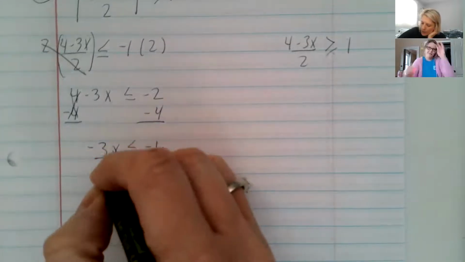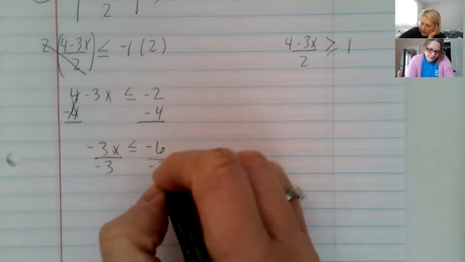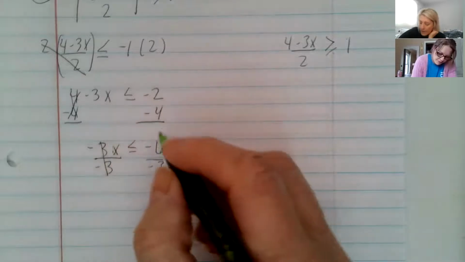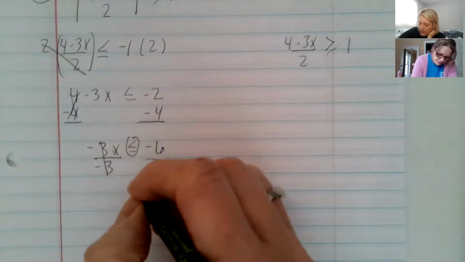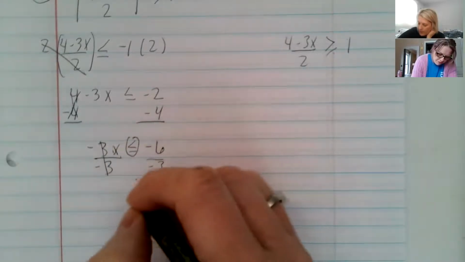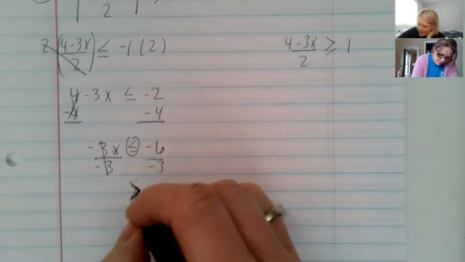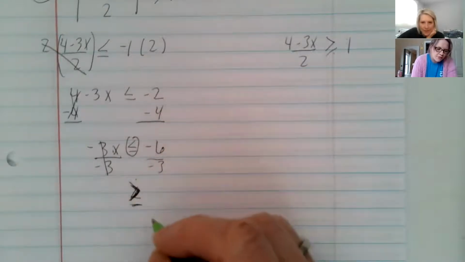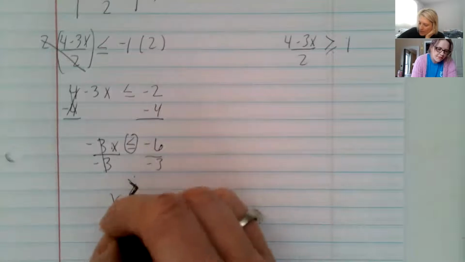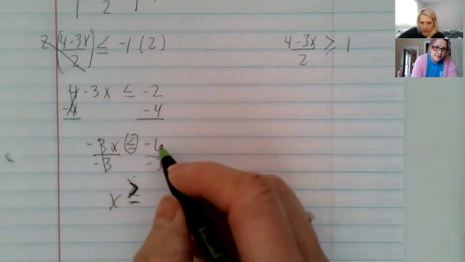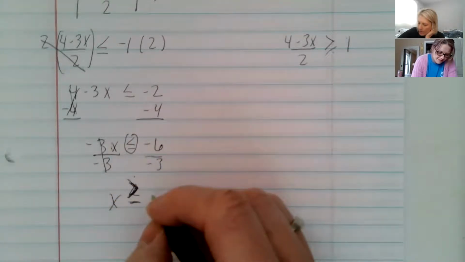We're dividing by a negative 3. And because I'm dividing by a negative, I'm going to circle that, and the less than or equal to should be switched to a greater than or equal to. So x is greater than or equal to negative 6 divided by negative 3, which is a positive 2.